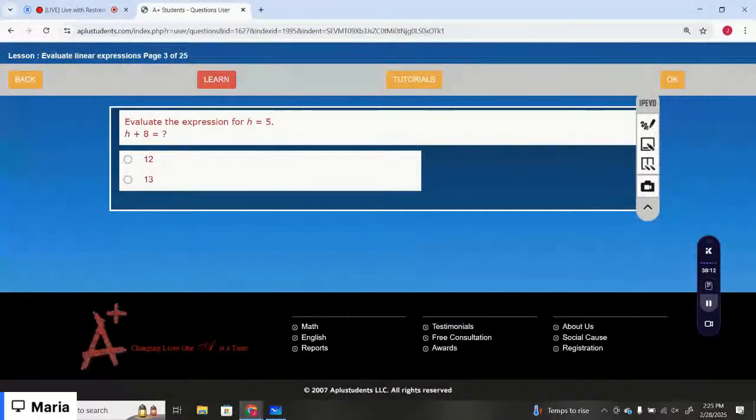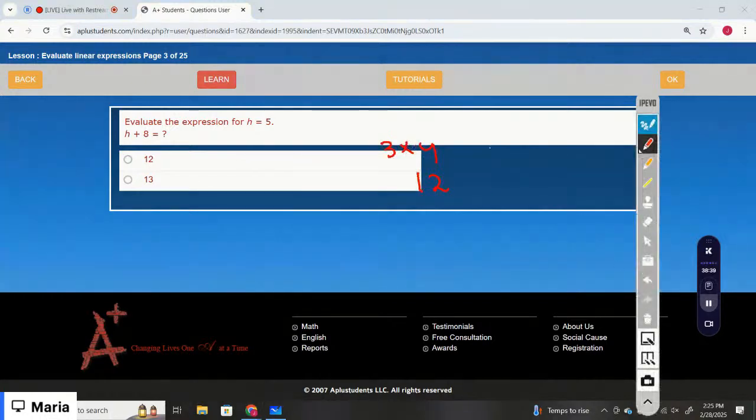Evaluate the expression for h equals 5. So you have to add 5 to h, so that is 5 plus 8, that makes 13.